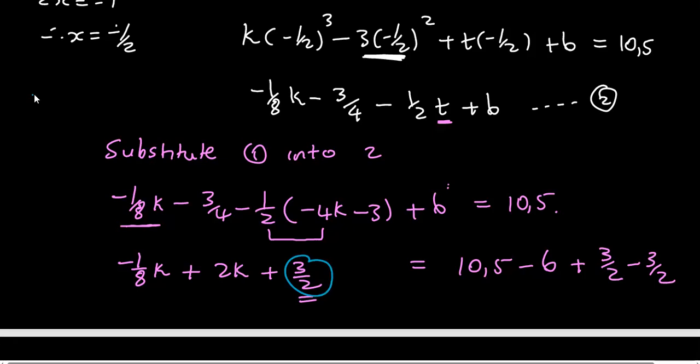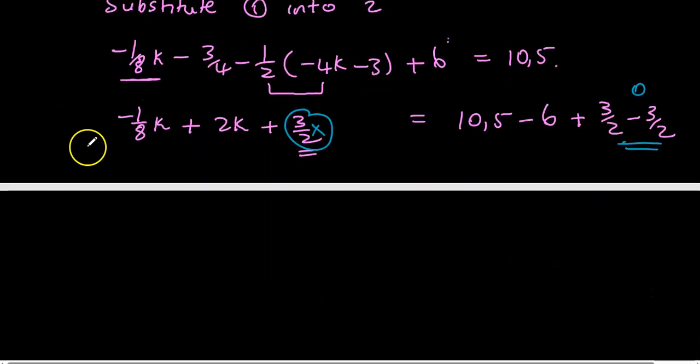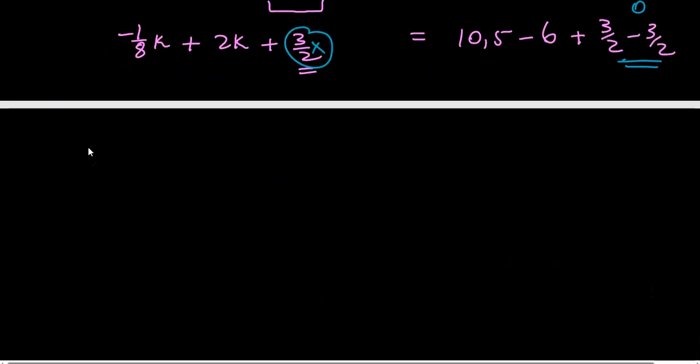We'll move it to the other side to be negative, which will also give us 0. So we are left with 10.5 minus 6. If you work that side, what do we get? 10.5 minus 6 is just 5.25. Let's just leave it like that.